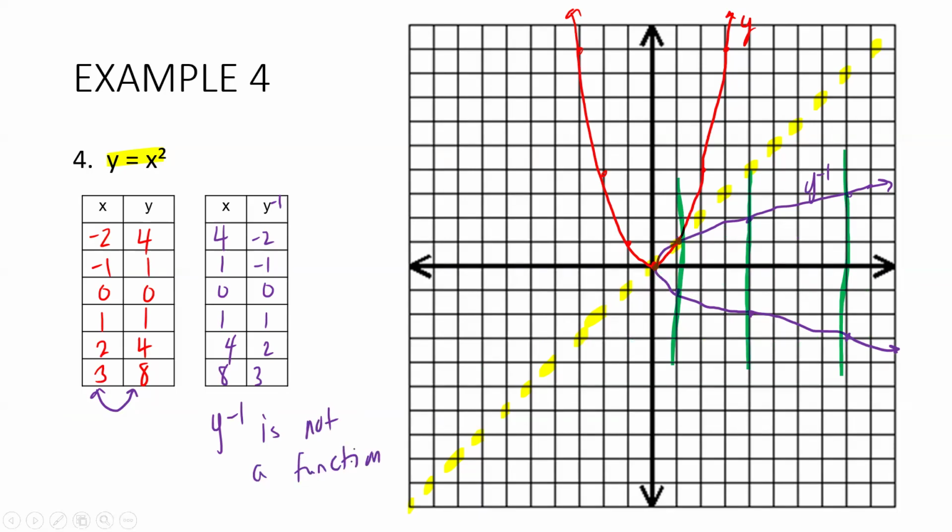Okay? And we're going to talk more about this. In order for this inverse to be a function, we have to have what's called a restriction on our domain. And currently we do not. If we wanted this to be a function, our domain would need to be restricted. By restricting our domain, we would say that we're only looking at our x values that are greater than or equal to 0.